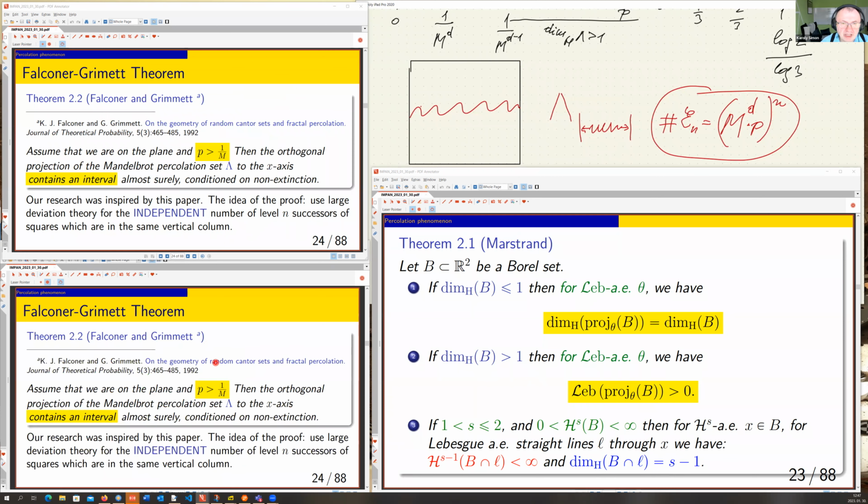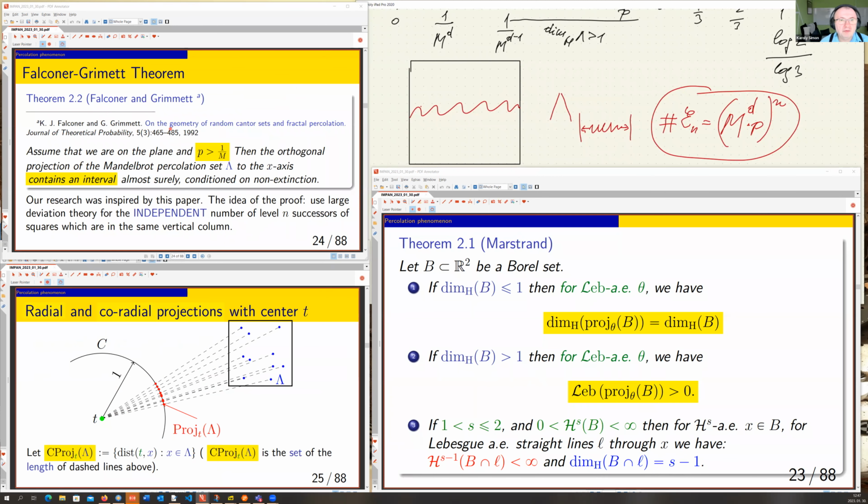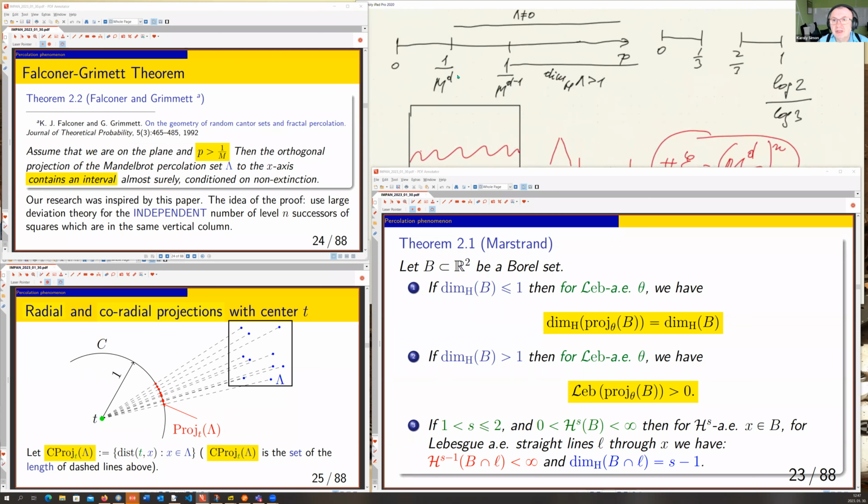And I would just like to mention a theorem of Falconer and Grimmett, which is about projection to the x-axis. So if you have this Mandelbrot percolation set, and P is bigger than 1 over M, which we are on the plane, so D is equal to 2, so 1 over M is D minus 1.